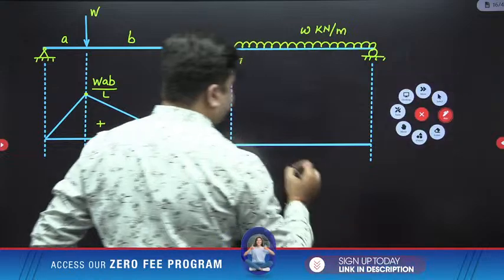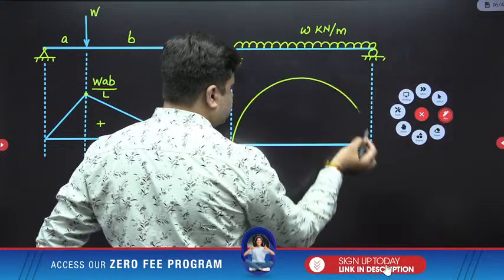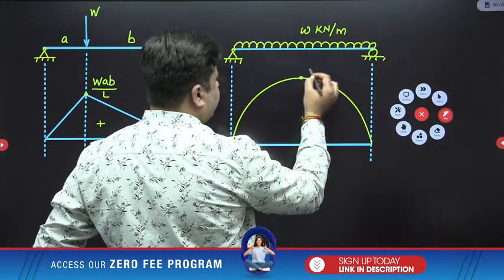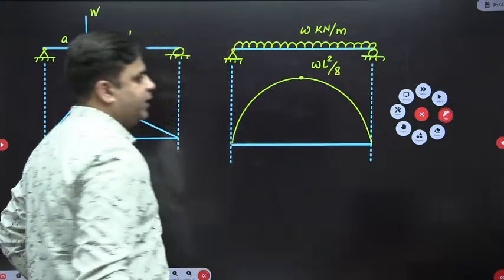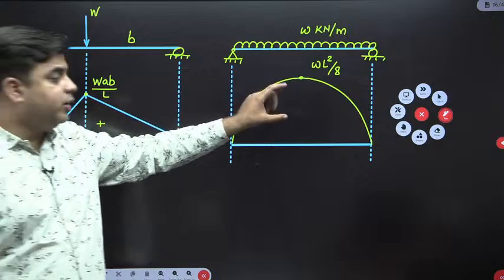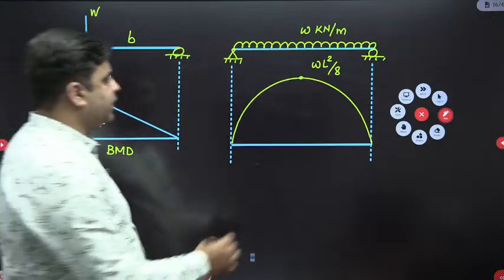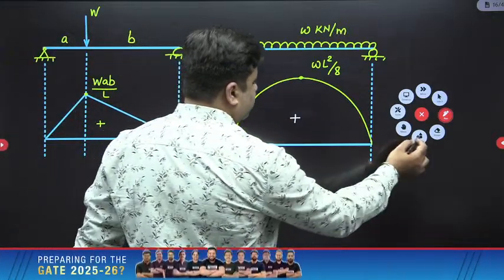And the maximum value of bending moment here will be WL square upon 8. These basic bending moment diagrams are important to help you solve the question quickly.